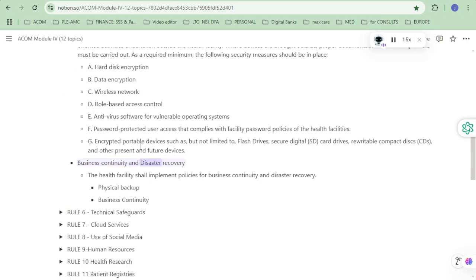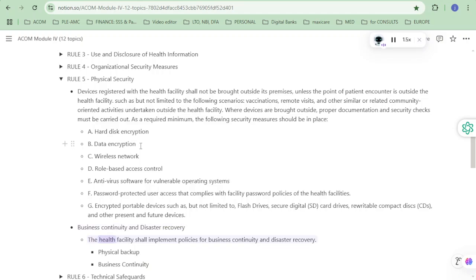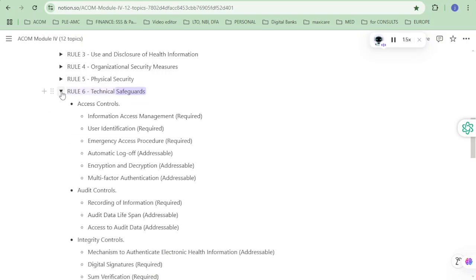Business continuity and disaster recovery. The health facility shall implement policies for business continuity and disaster recovery. Physical backup. Business continuity. Rule 6, Technical safeguards. Access controls. Information access management, required. User identification, required.